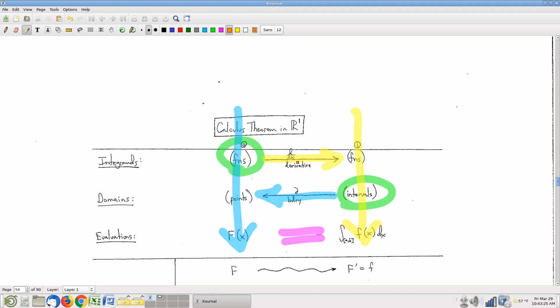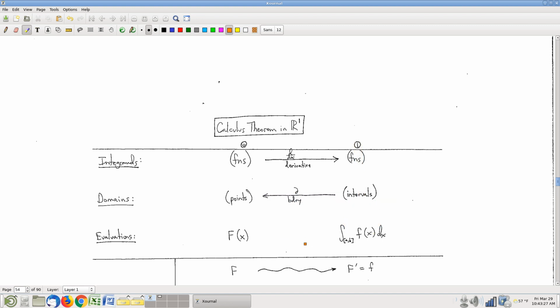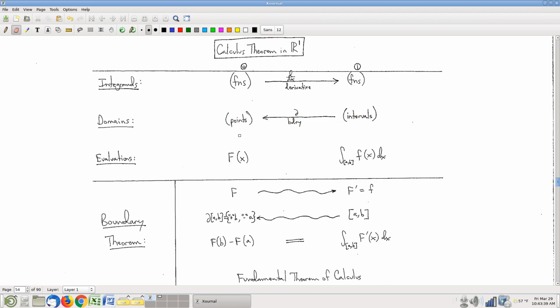If you take a derivative and do an integral of it, what you get is the same as if you evaluated the function at the boundary points. Now, there's our fundamental theorem of calculus. The derivative, do an integral of it, plug in the boundary points into the original function that you took the derivative of, you get the same thing.